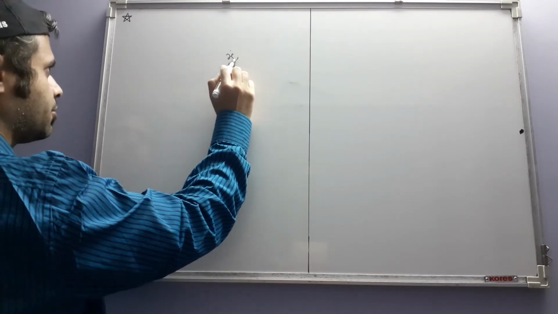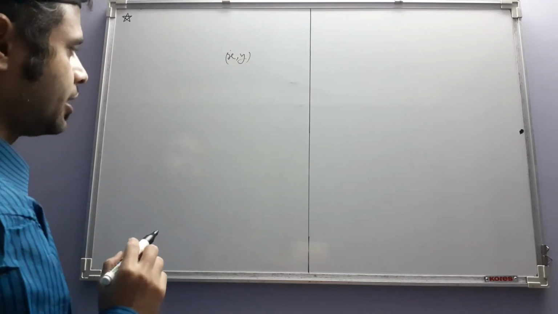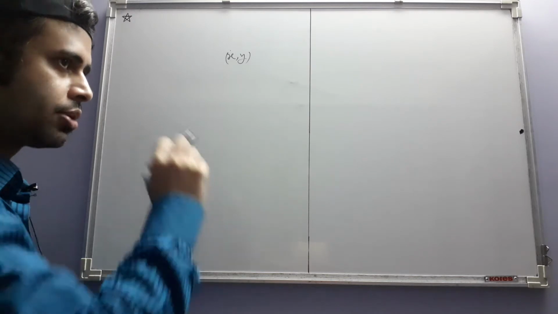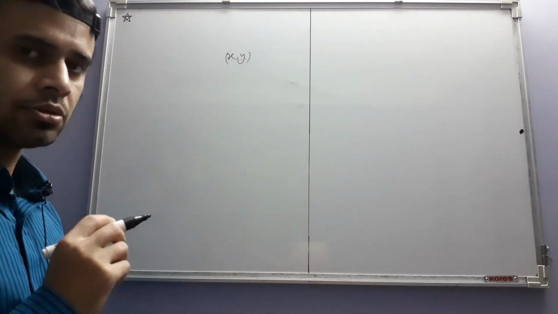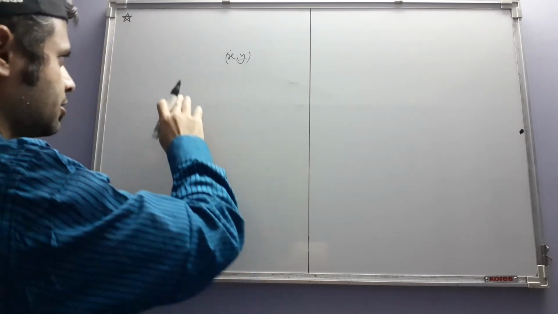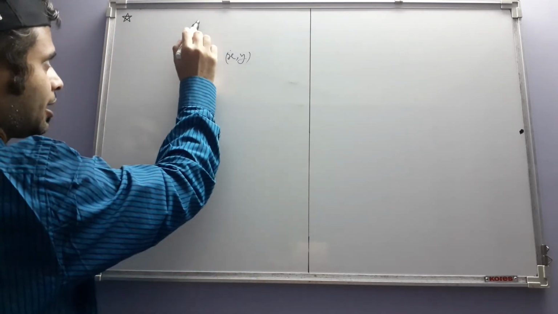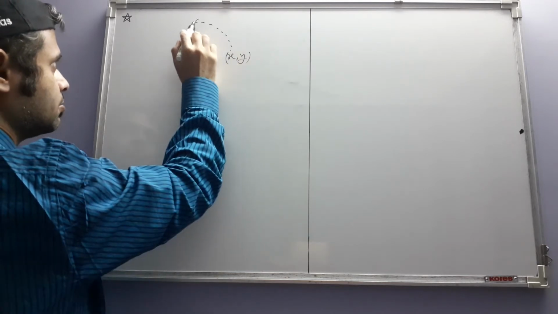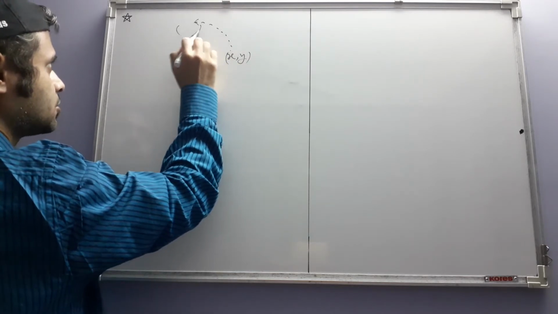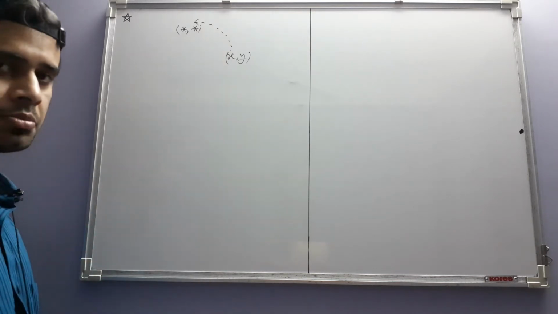Say we have a point x comma y in the plane that undergoes an anti-clockwise rotation through an angle 90 degree, where the center of rotation is the origin. We are being asked here to find the coordinates of the final position of this point.